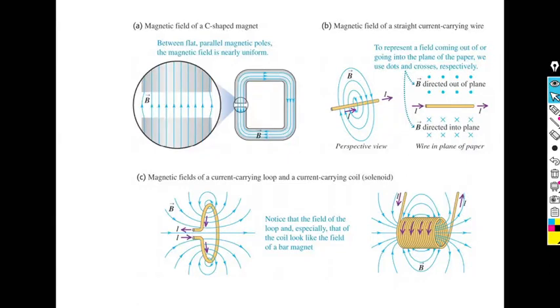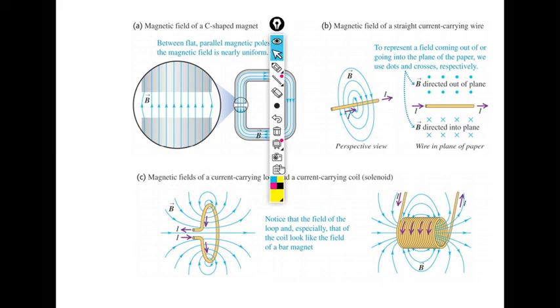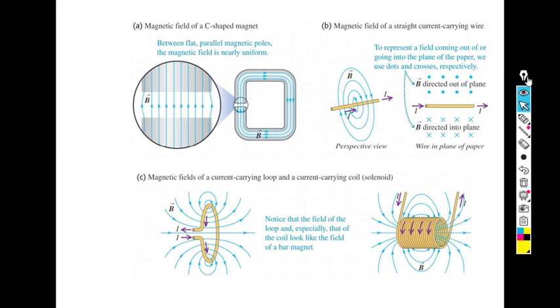As we have already learned, when a conductor is carrying current, a magnetic field is produced around this conductor, and we can find the direction of this magnetic field using the right hand rule.